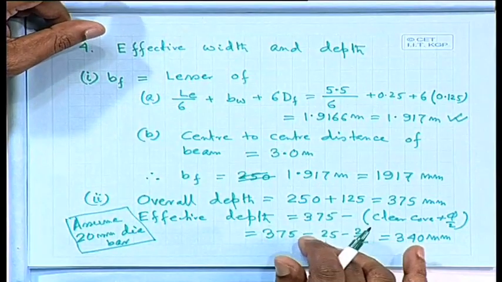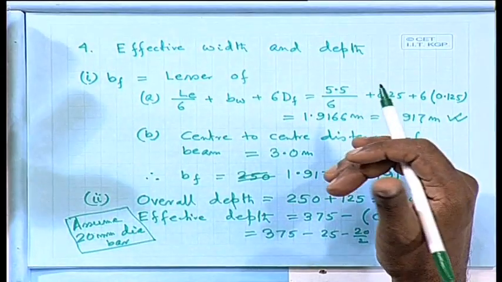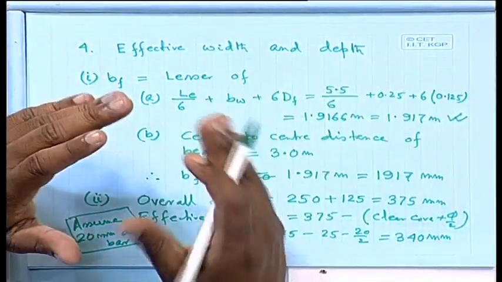But I prefer this one because finally we have to provide an overall depth, and the overall depth should be some regular number, in multiples of 25 or maybe 10. It depends on the designer. So, let us assume the overall depth and come to the effective depth.